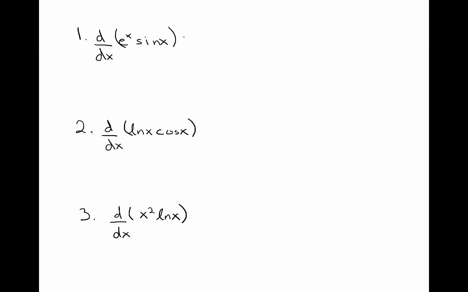Alright, so this first one. First, what we're going to do is we're going to take the derivative of e to the x and just multiply that times sine x. And then for the second term, we're going to leave e to the x alone and take the derivative of sine x.